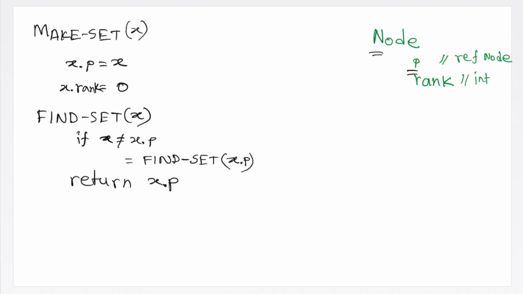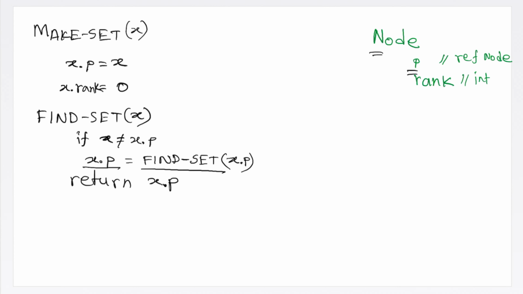And when we are moving upward, we can say x.p, that is the parent of x, is whatever is returned by this findSet function. Now notice that we are changing the parent of x in this process.